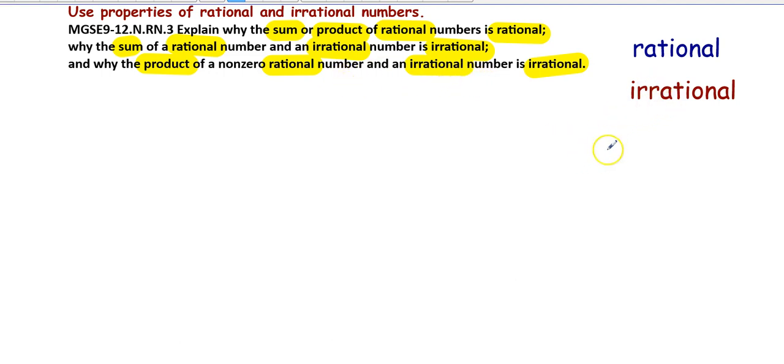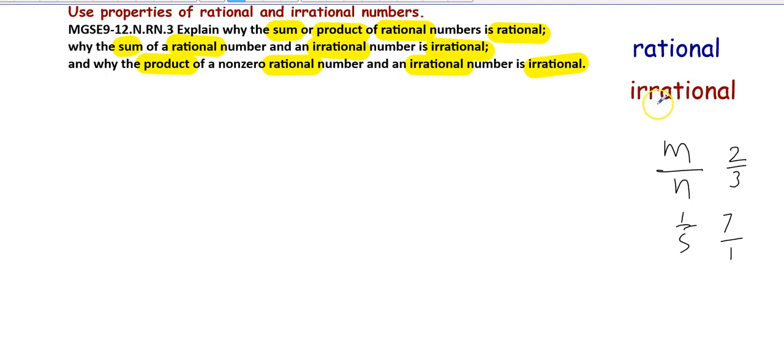Okay, we know that rational numbers are those which are of the form of a fraction like m over n, where m and n are integers, n is not equal to 0. For example, 2/3 or 1/5, or for that matter just 7. 7 is also a rational number because 7 divided by 1 is 7.